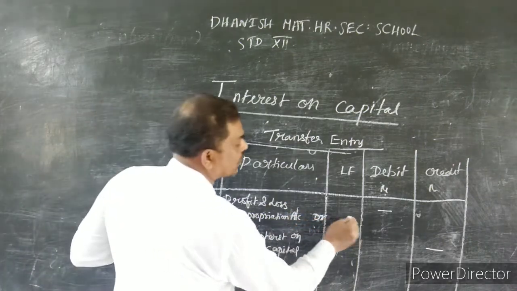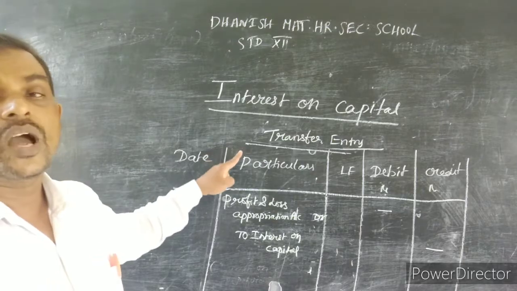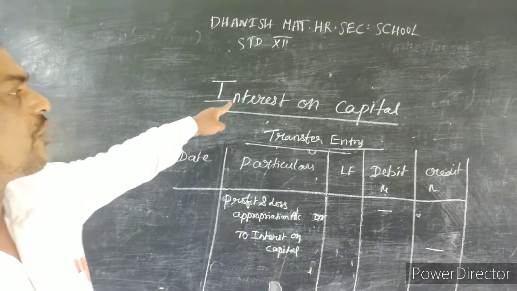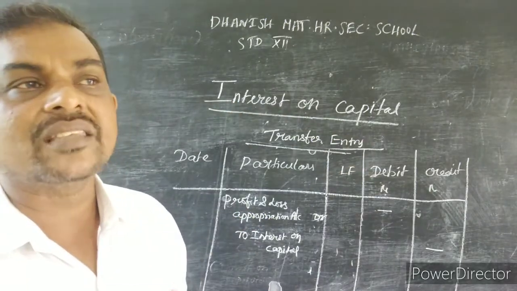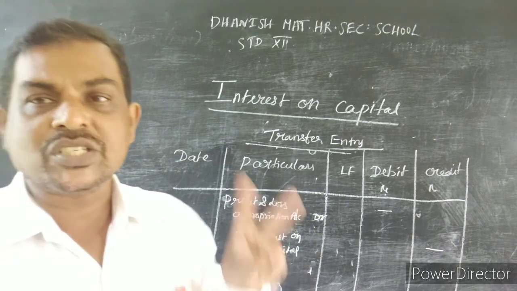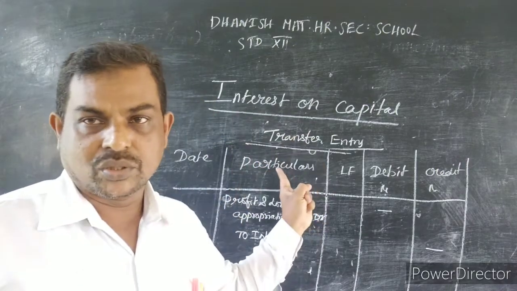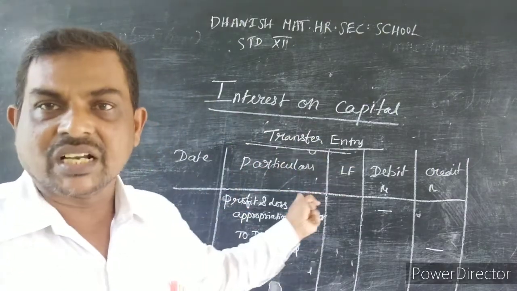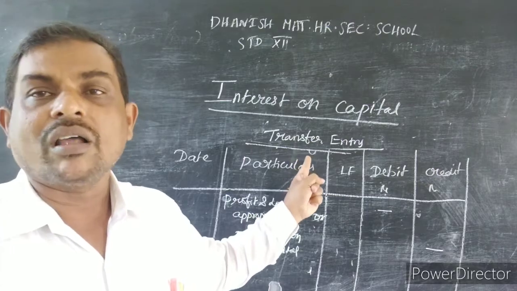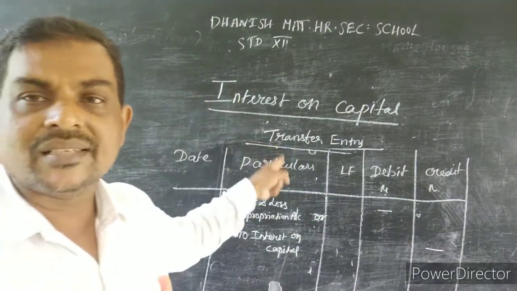So the same amount you have to write in the debit and credit side. See, you have to write two journal entries for interest on capital. If they ask in the examination to write the journal entries, adjusting entries for interest on capital, you must write two journal entries. One is adjusting entry, that I have shown you before. This is the second, another entry, called transfer entry.